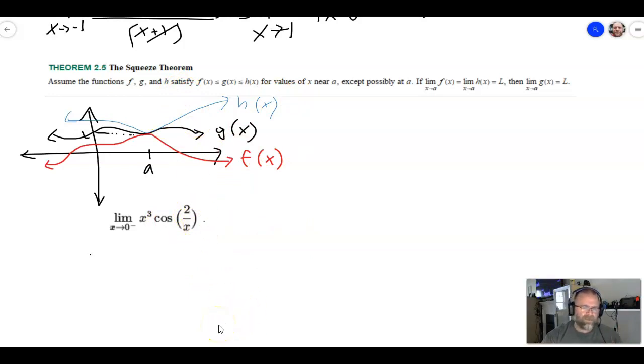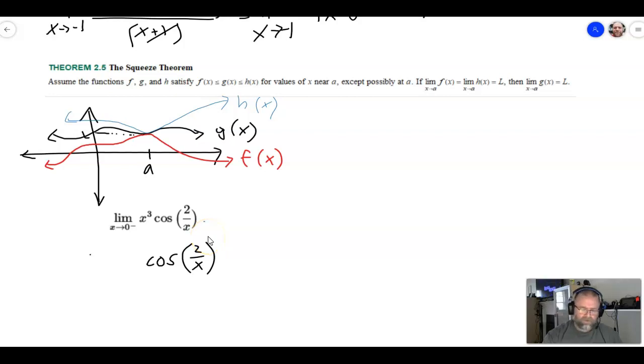Very common with these types of problems, when we see a trig function in there, we can start by saying we know that the cosine of any angle, now remember, x cannot be equal to 0 because it's approaching 0 from the left-hand side, so it's never actually getting to 0. But we know that the cosine or the sine of any angle has to be between what two values?